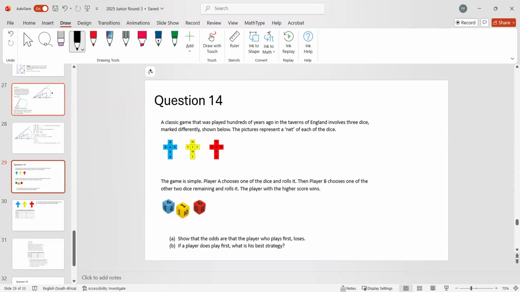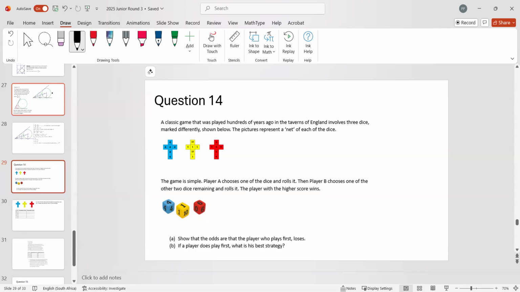And here also, you've got 4 6s and 2 0s. So the probability of getting a 6 is 4 out of 6, which is 2/3, and the probability of getting a 0, the 2 zeros, is 1/3. Okay, now having got the story here, the game is simple. Player A chooses one of the dice, takes any one of these 3 dice and rolls it.